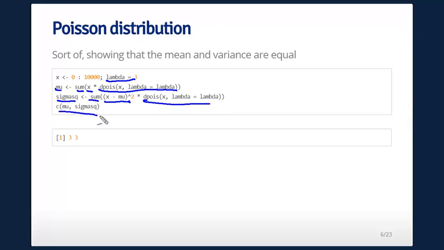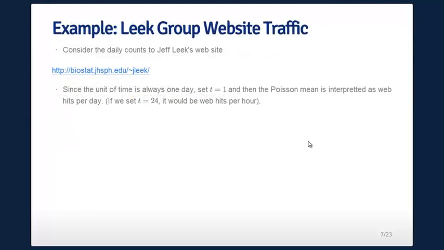So here's my mu and my sigma, and of course it's 3, exactly equal to the lambda we plugged in as the theoretical value. If you know the expansion for e, then you can actually prove this rigorously, but maybe that's not necessary for this class.